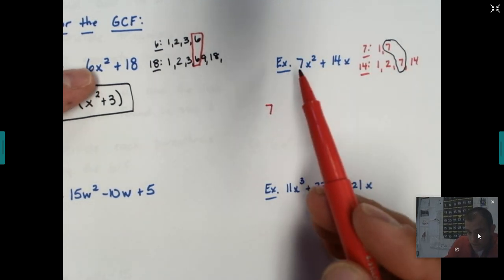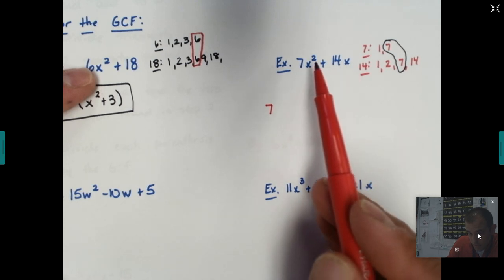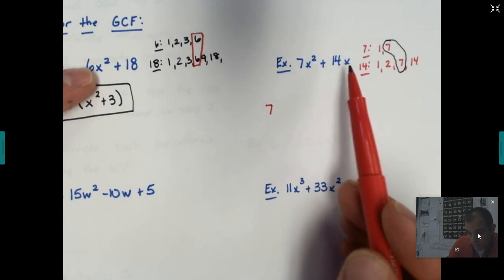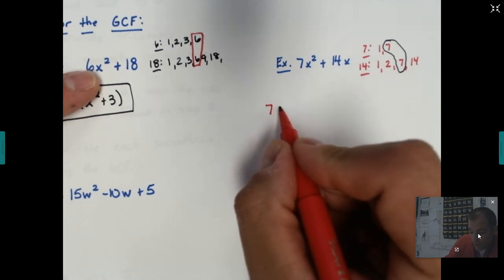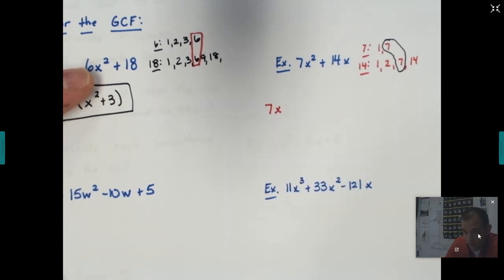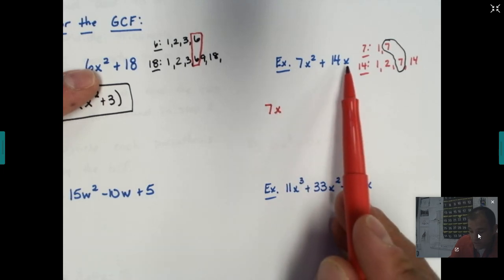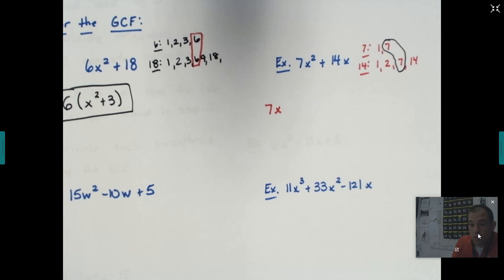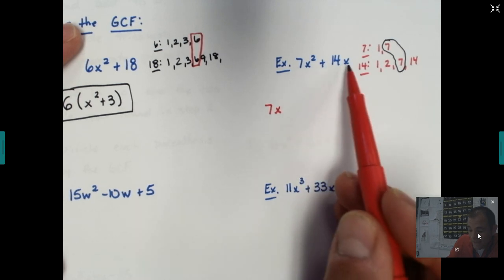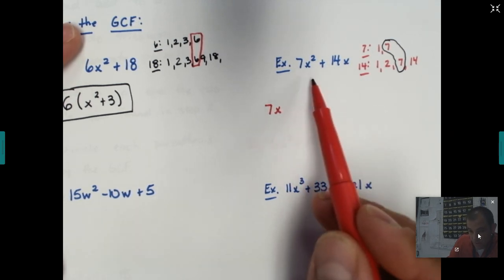Once you do the numbers, then look at the variables. This one has 2 x's. This one has 1 x. That means they have 1 x in common. I couldn't take 2 x's out because this one only has 1. So you always take out the lowest amount of variables. I know that sounds a little counterintuitive since we're looking for the greatest common factor, but the only one they have in common here is just one of those x's.